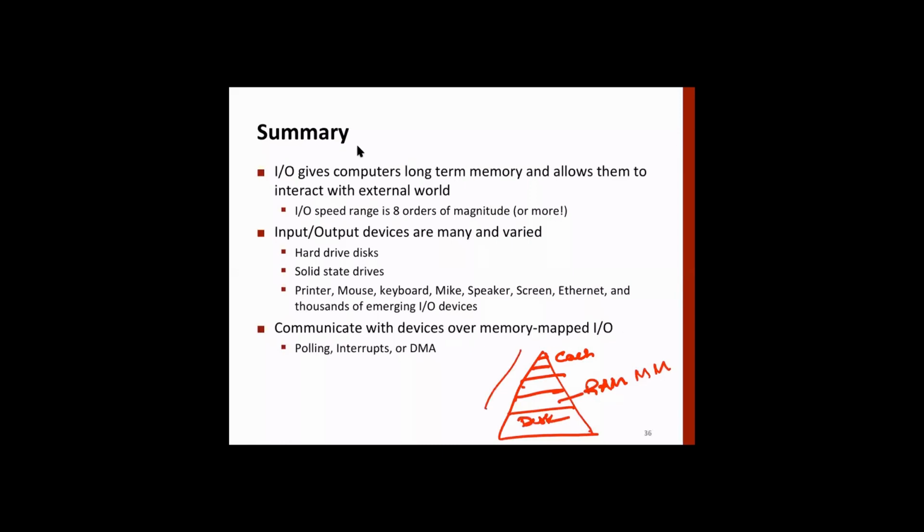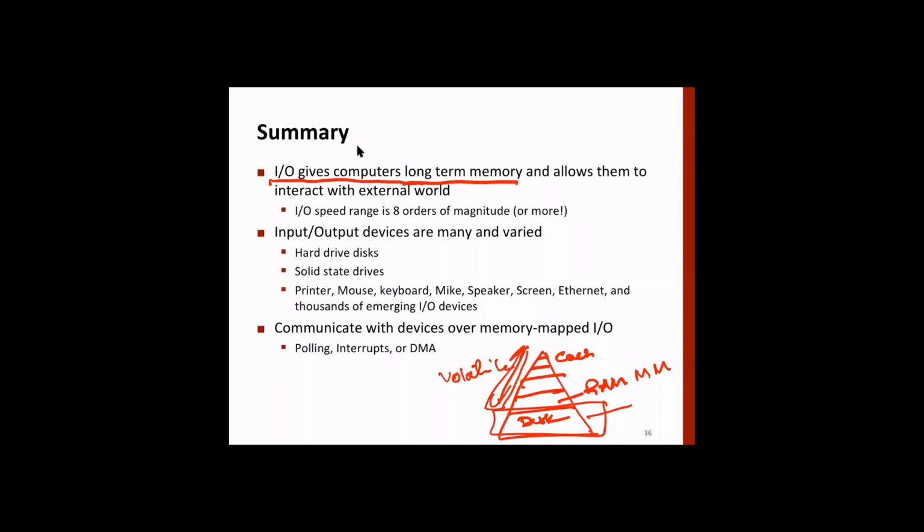All this that we have seen up to this point is volatile. Only the disk is non-volatile, so long-term memory comes only from the disk. So IO gives computers long-term memory.